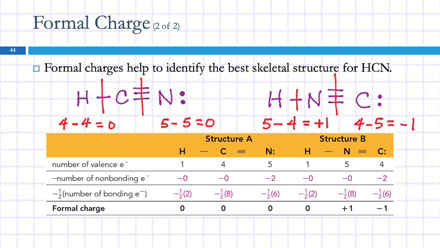That's going to have a negative 1 formal charge. This is not as fair, because nitrogen is electron deficient and carbon is electron rich in this Lewis diagram. So this is not as good as this one. Any questions? This helps to start with the correct Lewis structure.